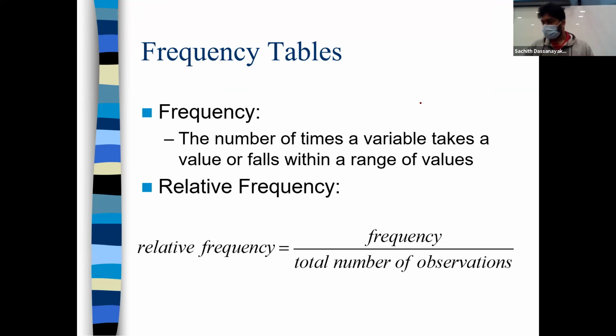Normally we don't use frequency. Instead we use relative frequency, frequency related to the total frequency. So the relative frequency of any variable is the frequency, which means the number of occurrences, divided by the total number of observations.